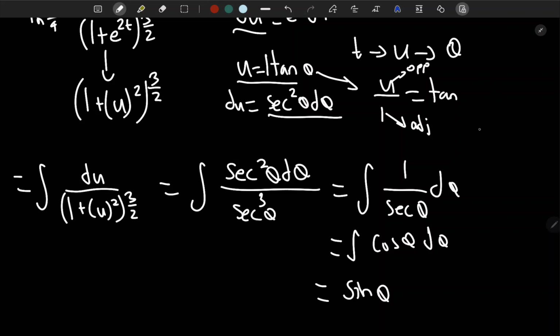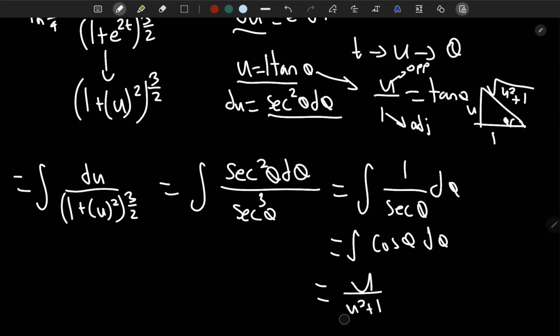So if we draw the right triangle, let's call this angle delta, the opposite side is u, and the adjacent is this one. So the hypotenuse will be radical u squared plus 1, and to find sine, it will be opposite, which is u, over hypotenuse, which is radical u squared plus 1.